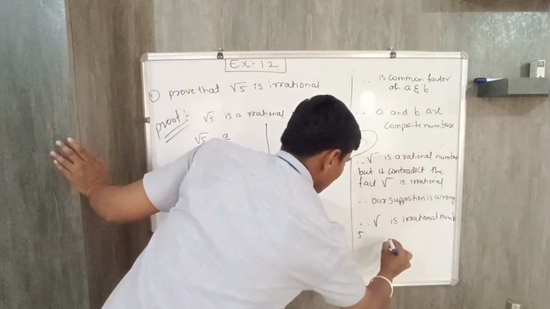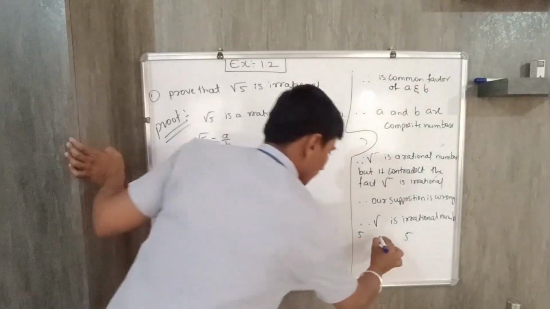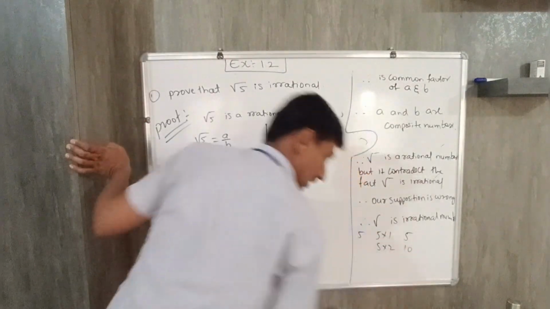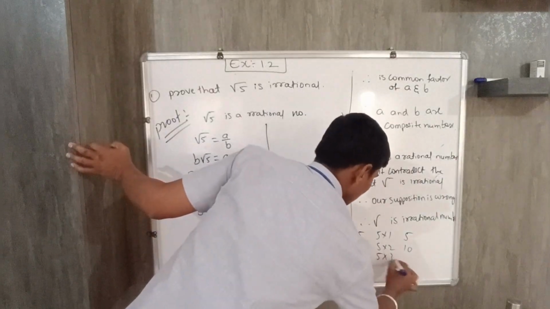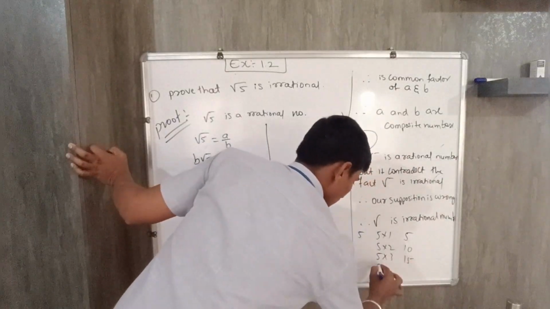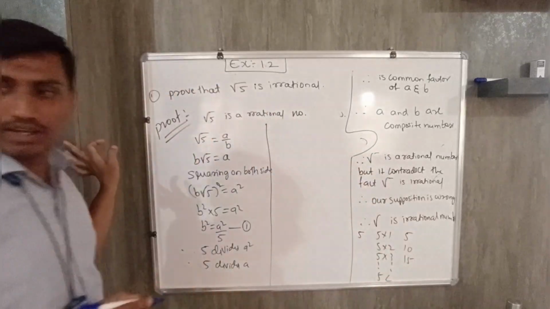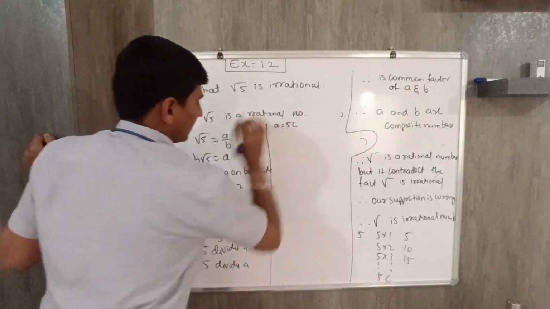So 5 divides 5. Okay, 5 ones are 5. Again 5 divides 10 also. Again 5 divides 15 also. So therefore 5 is common, it is an integer, means 5c. So now a equal to 5c.